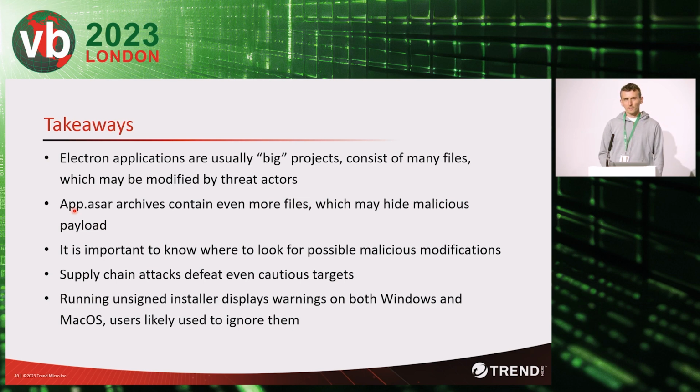So it's a good idea to have a little understanding of what kind of files are there, where to look for modifications and patches, because when you see it for the first time, it can take quite a bit more time to understand where to look for malicious changes.